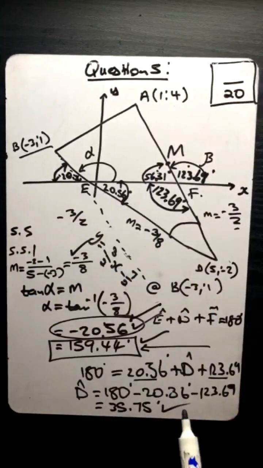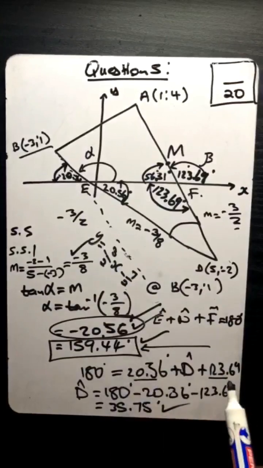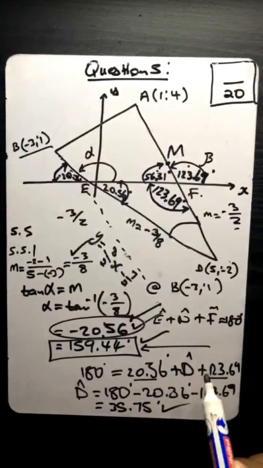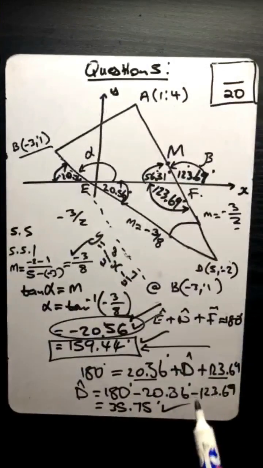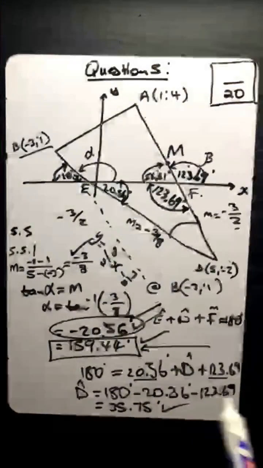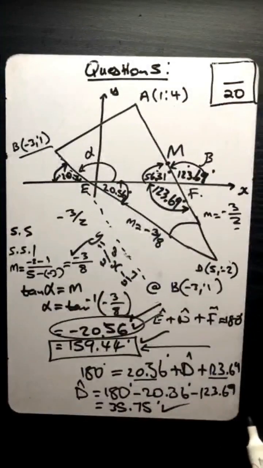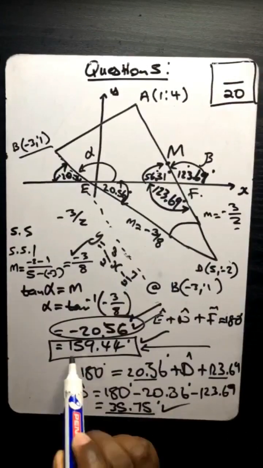Let's see. It has to be 3 angles. Where's the other angle? We have this angle, we have that one. This is angle number 1. Where's angle number 2?